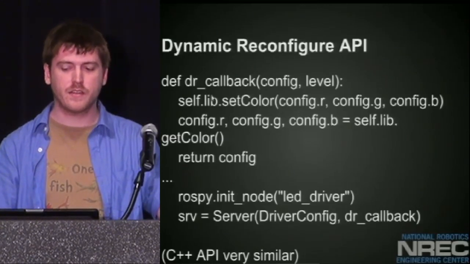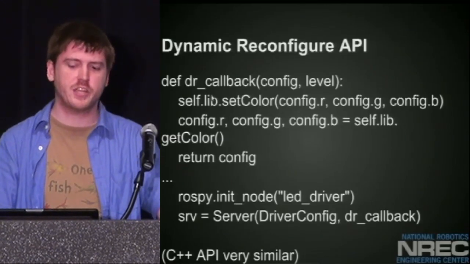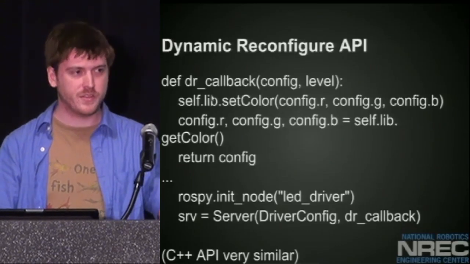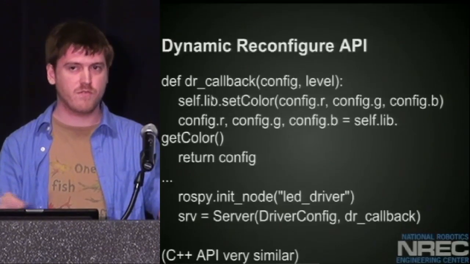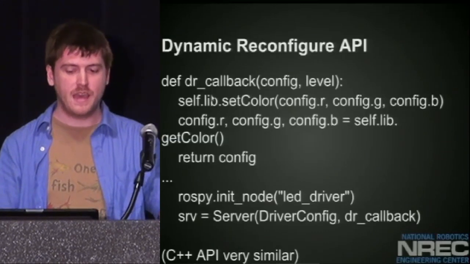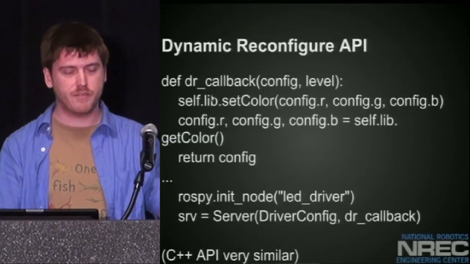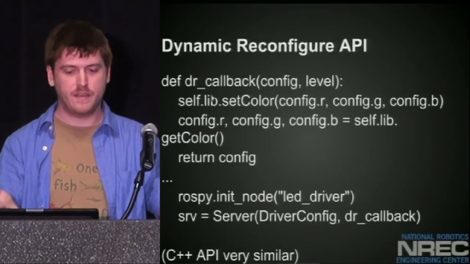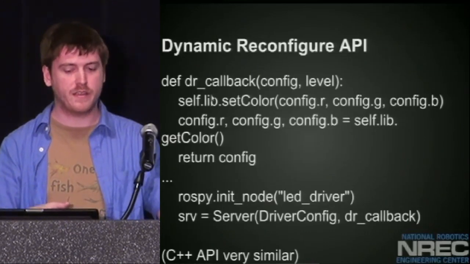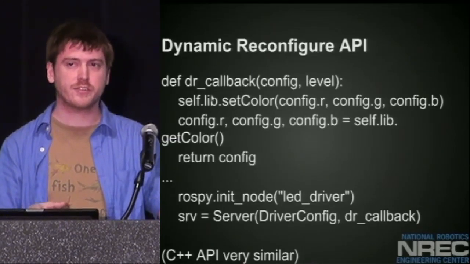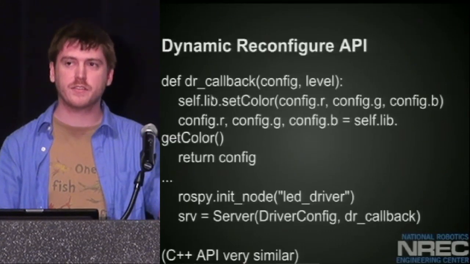So you can see here that I've set up something for the user to change the color of an LED. So they could have a little slider for a red, a green, and a blue channel. And then in the library, I just give it those values. And then I read back from the library what colors it could actually support. And then I return that to the user.